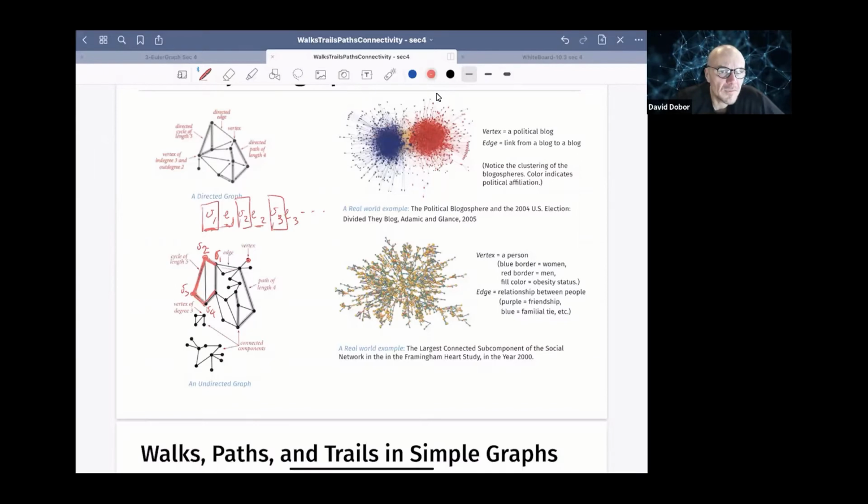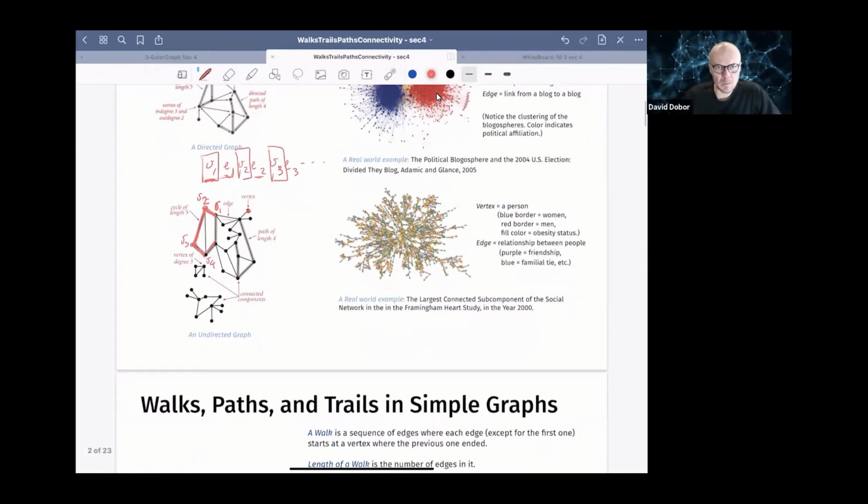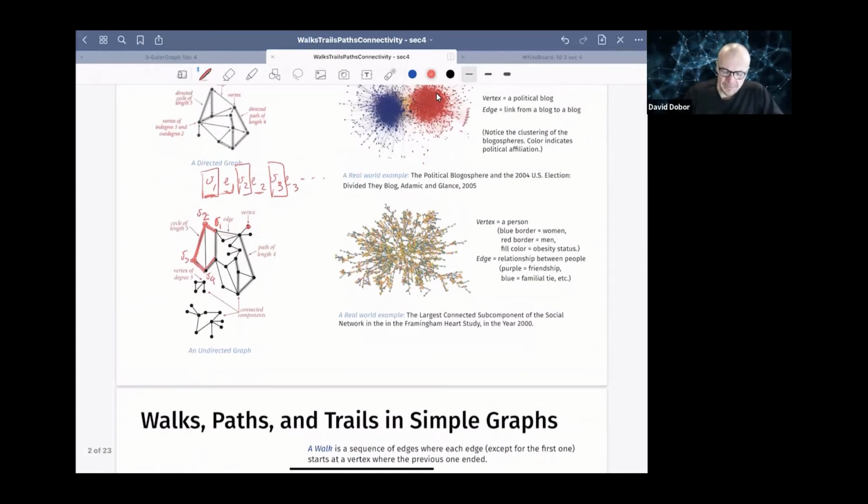As long as between two consecutive vertices on the list you have an edge, it gives you a path. Does that make sense? It's a pretty intuitive notion. And if the first vertex happens to be the same as the last vertex, closing the path, then such a path is called a cycle or a circuit.